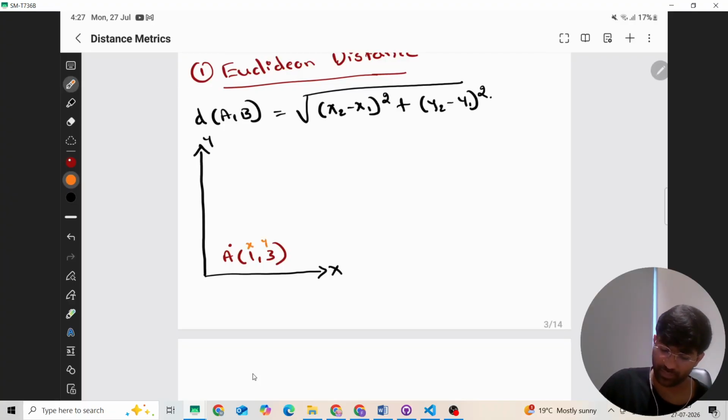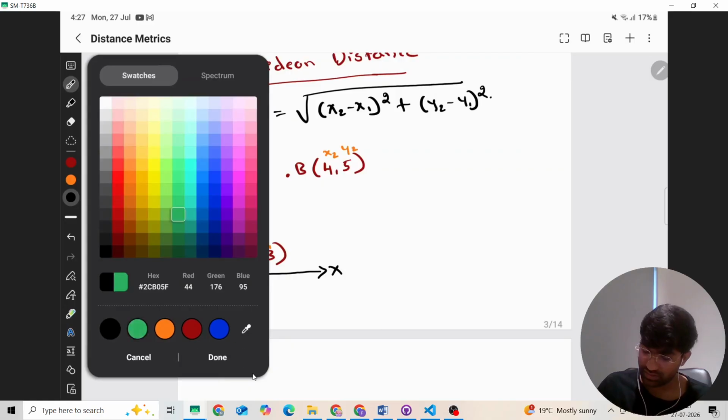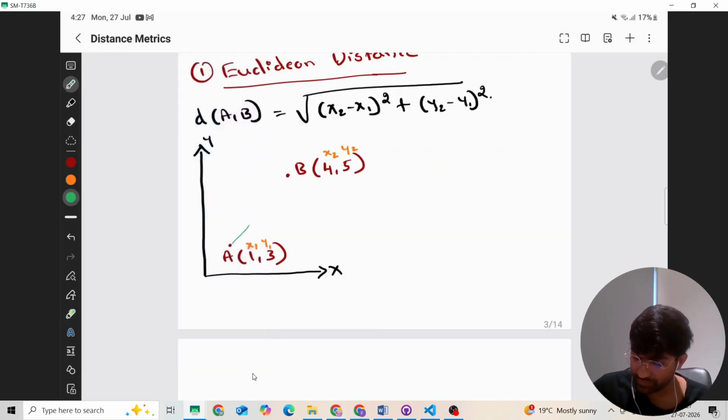And I have one more point here, that is B, at 4 comma 5. Call these x1 y1 and x2 y2. So now I have to find the distance between A and B.